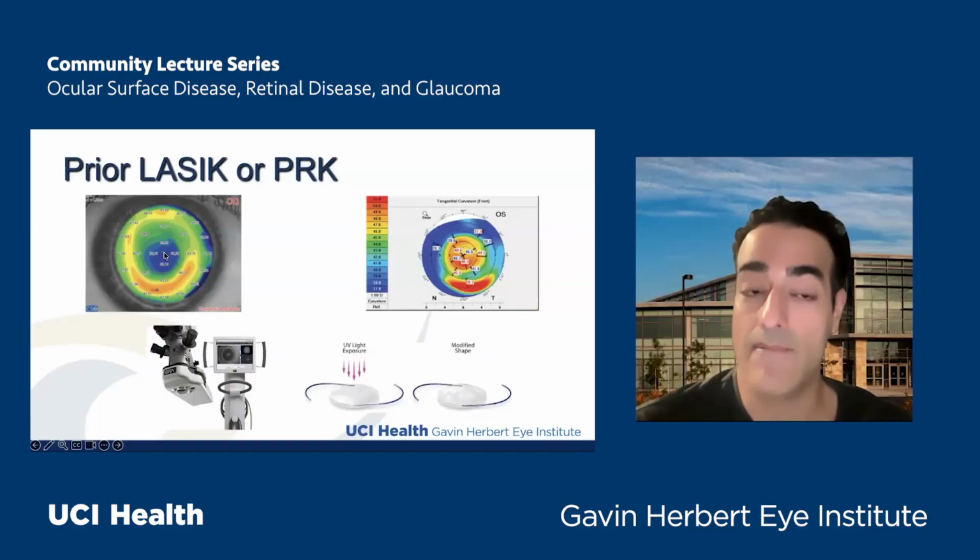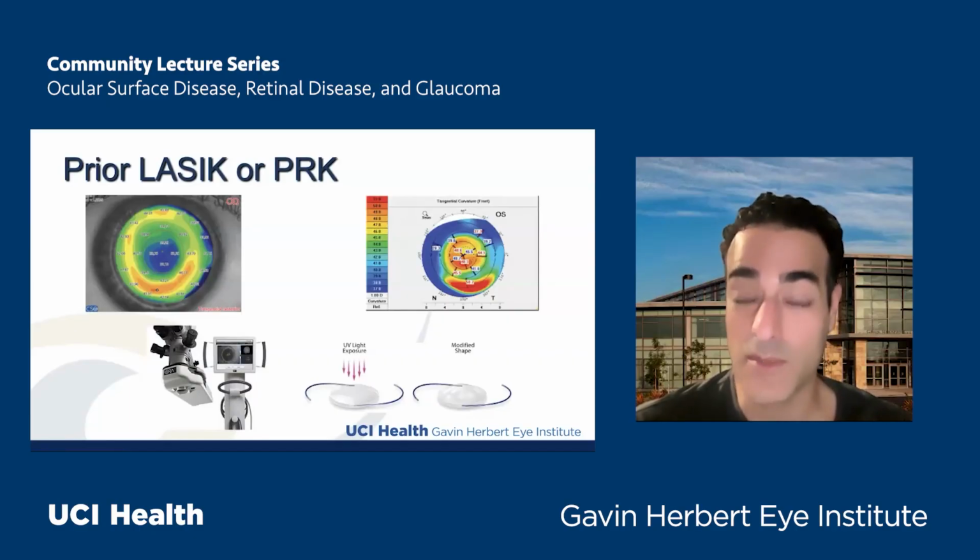And so when it comes time for cataract surgery, the cornea is not the same shape in the center versus the peripheral part. Again, very important when it comes to getting our measurements for the proper lens to be placed in the eye. So this is something we definitely want to have really good measurements for. So obviously make sure the dry eye is optimized, and then also our pre-op measurements are done correctly.